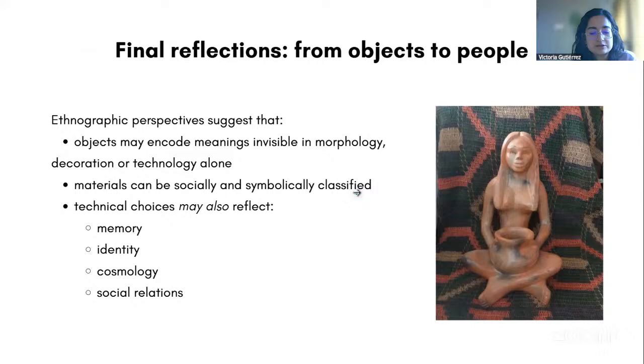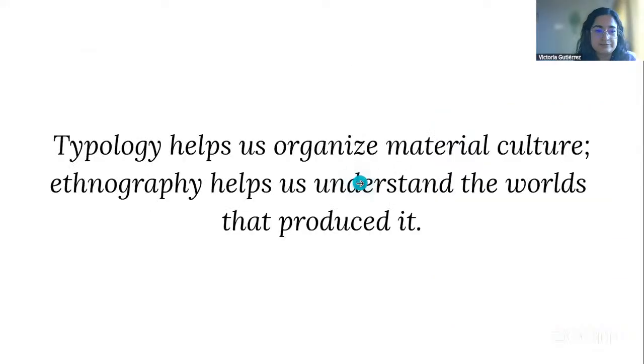So material culture is not only technological, it is also relational and historical. As a closing reflection, typology does help us organize material culture, but ethnography helps us understand the worlds that produced it.